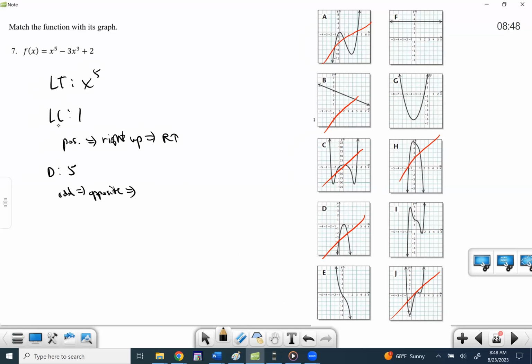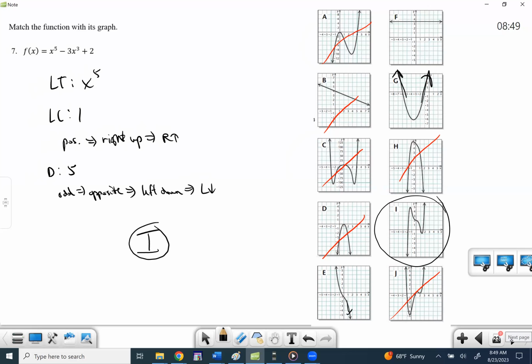So that means if the right went up, the left will go down. So right up, left down. Well, there's only one left where the right goes up and the left goes down. On this one, the right goes up and the left goes up. On E, the right's going down. So it looks like it has to be I for this one. We don't even need the y-intercept, guys.